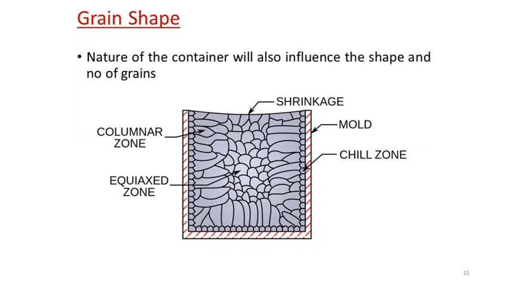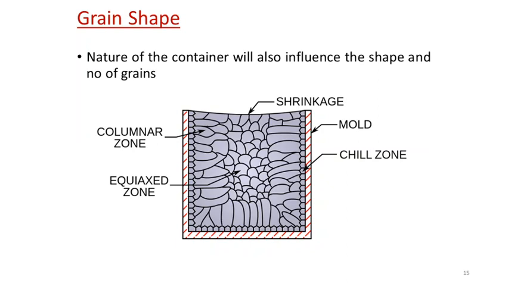That particular zone is called the columnar zone. And at the central region in the mold cavity, we can see the grain formations are to an extent spherical or equiaxed. So we cannot say they are columnar grains. They will have more spherical or equal-size shapes.